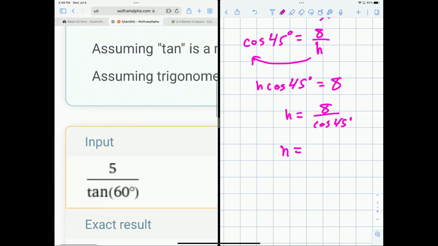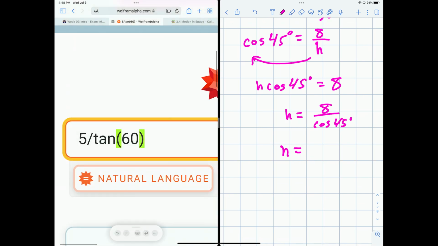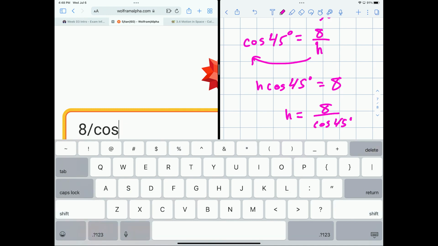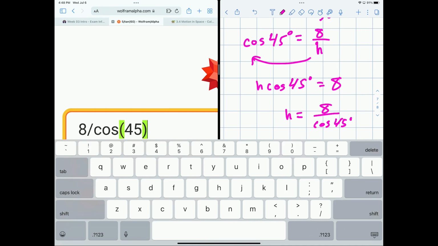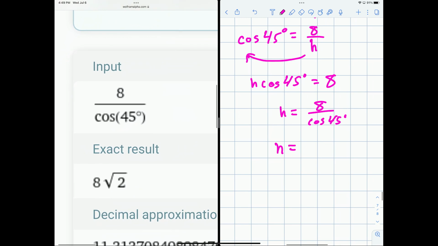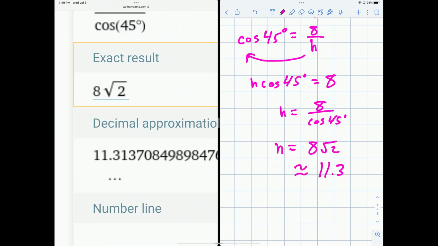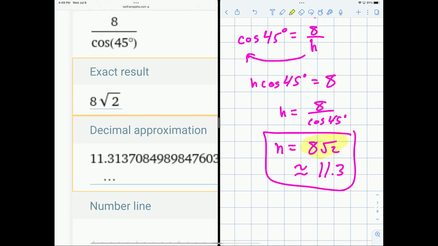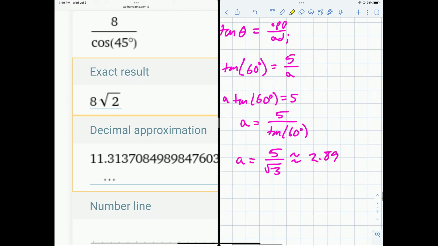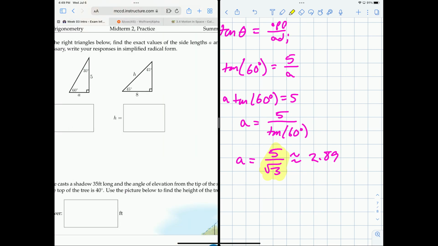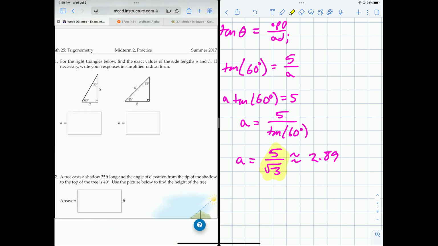So h is 8 root 2, which is approximately 11.3. So generally you would want to answer this way, not with the decimals. Okay, so those are correct.